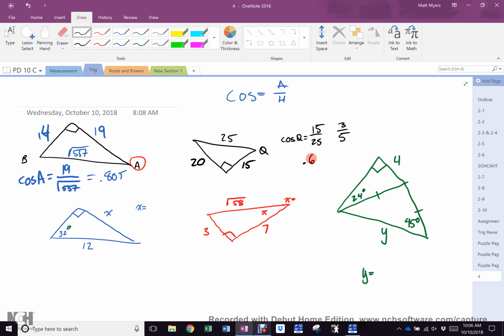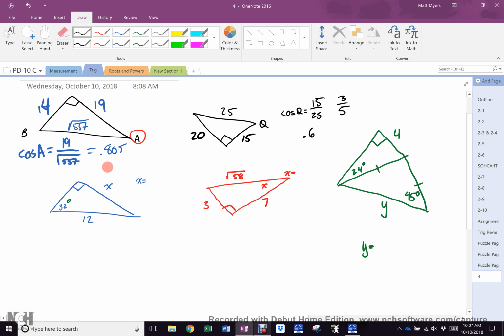Okay. Down to this one. I need x. So I check and I say to myself, self, I have a theta of what? 32. What else do I know? My hypotenuse is 12. What do I need? My opposite, which is x.